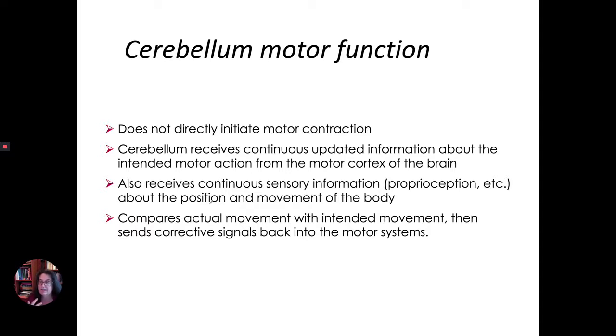So it finds out what the plan is from the motor cortex. And at the same time, it receives all kinds of sensory information from the periphery, like proprioception and other things. So it knows where the body is in space and what is happening on a moment-to-moment basis, and compares the two: what did you want to do and what is actually happening, and makes adjustments.